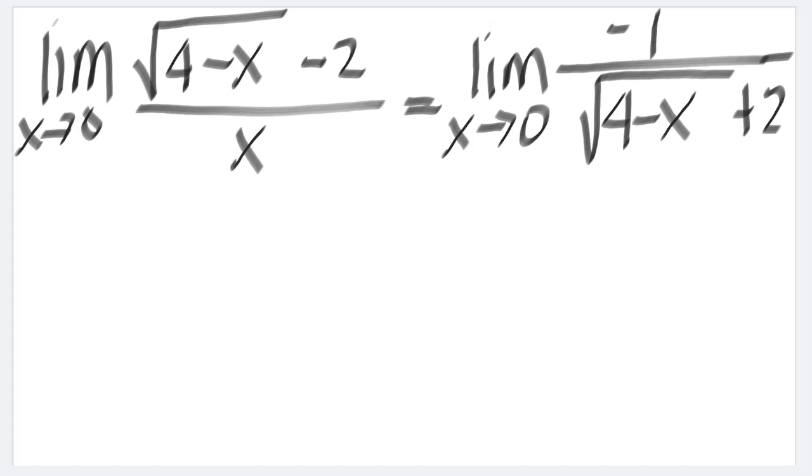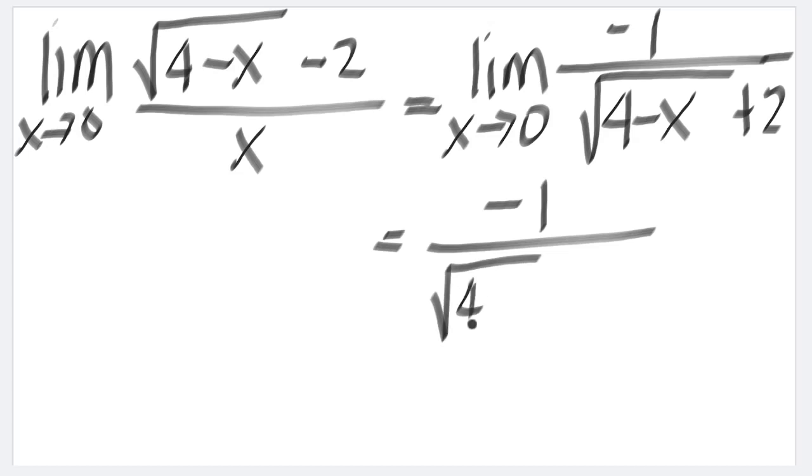Now substituting 0, that would be negative 1 all over square root of 4 minus 0 is 4, plus 2, that would be square root of 4 minus 0 is 2, plus 2, that would be 4. So that would be minus 1 over 4. This is the limit of this function.